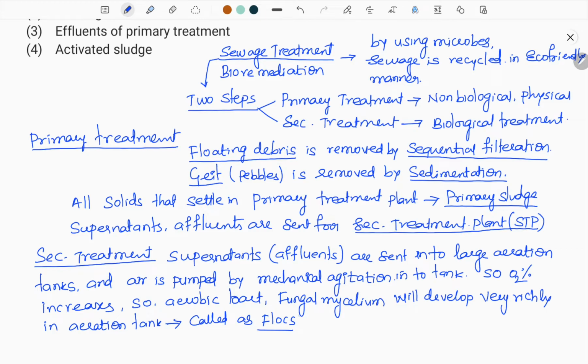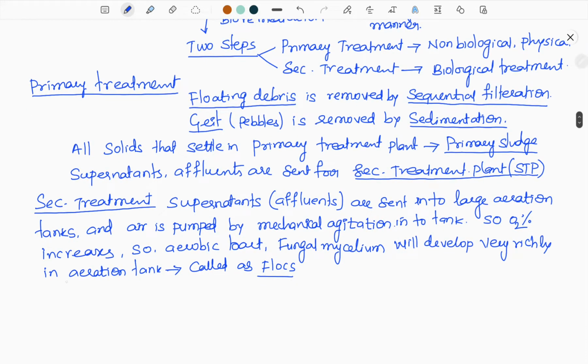Flocs include the fungal mycelium as well as the bacteria, both. By increasing the percentage of aerobic bacteria in the large aeration tank, what will this aerobic bacteria do? It will cause degradation and digestion of the organic matter.